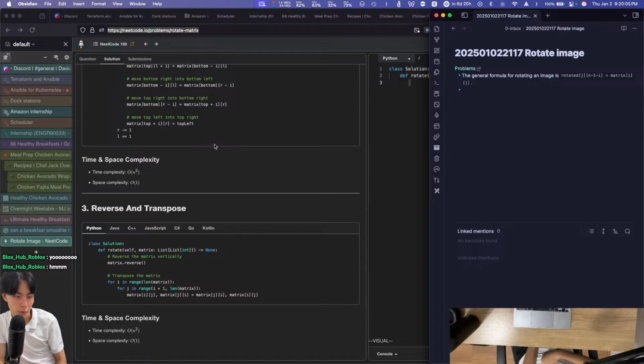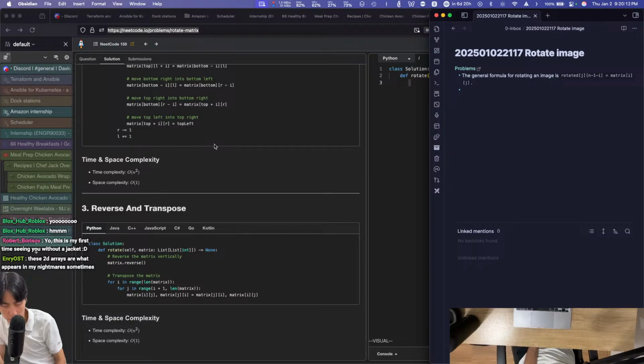I see how that works. Wait. No, if you had top, sorry. If you had top, right? Vertically transpose. Interesting. Reverse. Vertically reverse. I gotta.